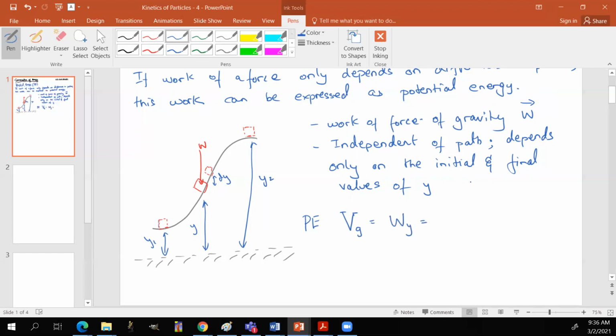That is defined as the potential energy of this body with respect to the force of gravity.